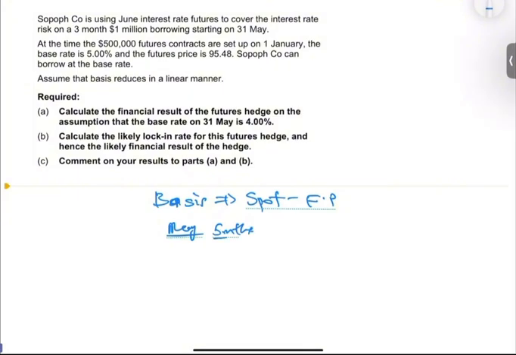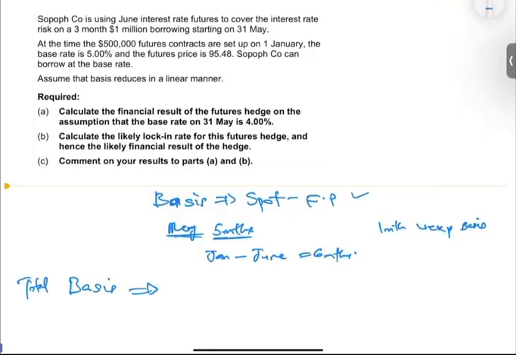For something you set up in January, supposed to expire in June, that is 6 months. So if you are closing this transaction in May, it means that you're going to have 1 month unexpired basis. So first of all, let me ask you in this question, what's this total basis?